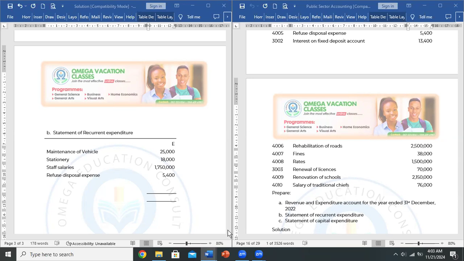I love the dissenting views. So, capital expenditure refers to funds used to acquire, upgrade, or extend the life of assets, such as buildings, equipment or infrastructure. Now, rehabilitation is a massive kind of repair.